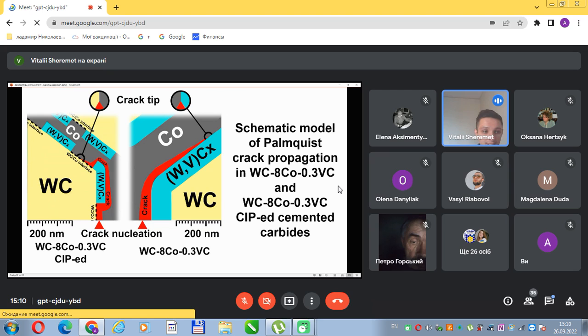Such a difference affects the fracture toughness of the cemented carbides, which results in a significant decrease in the ability to resist intergranular fracture.